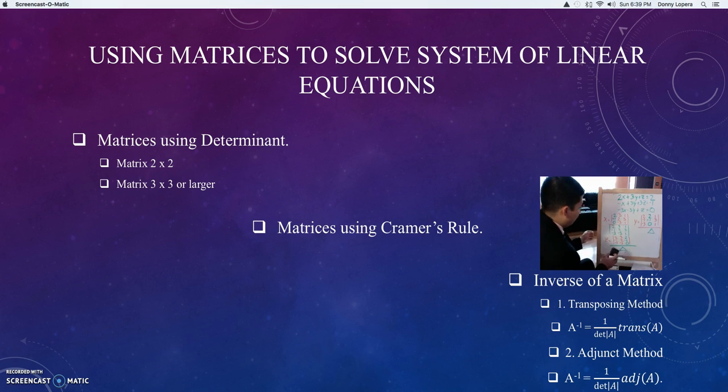Then let's do it right here at the bottom. Let's find x. Then x is equal to, this one times this one, and this is the determinant, right? Then it's 2 times 1 is 2, minus negative 3 times negative 3 is negative 9, plus, it's going to be plus because of the minus, then it's 9 plus 2 is 11.